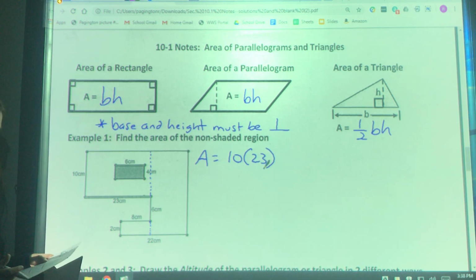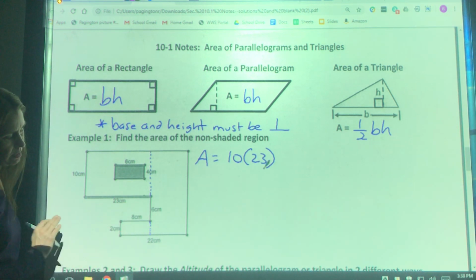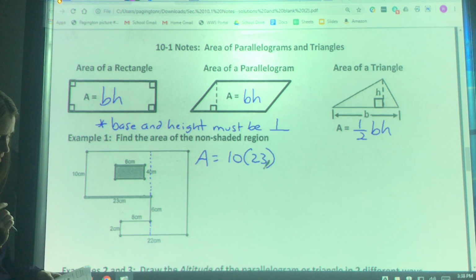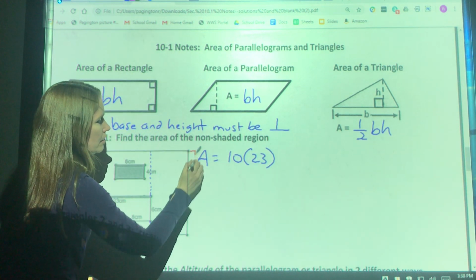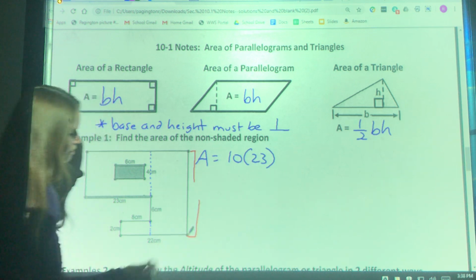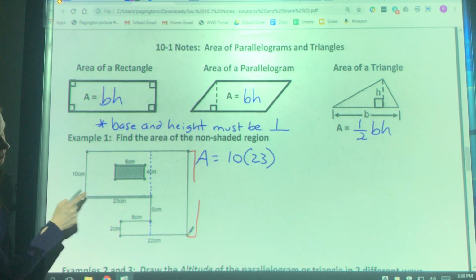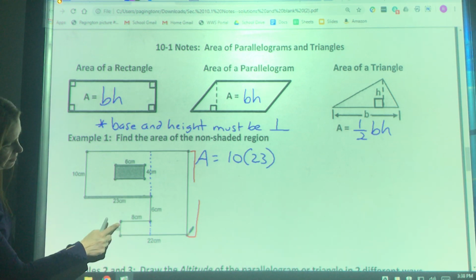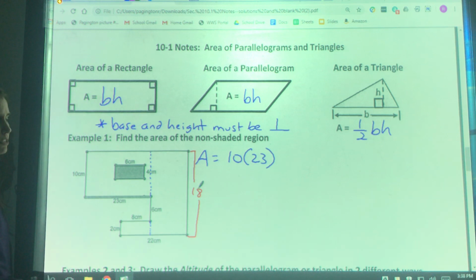Then I also can find the area of this section right here, but to do that, I've got to pay attention to the different dimensions that I have going on here. If I look to see how long it is from here to here, I can see this is 10, I can see this is 6, and I can see this is 2. So if I add all those up, then I get 18 for that dimension.